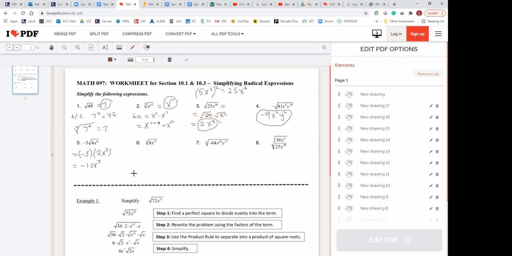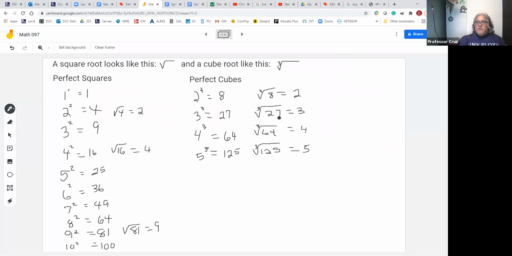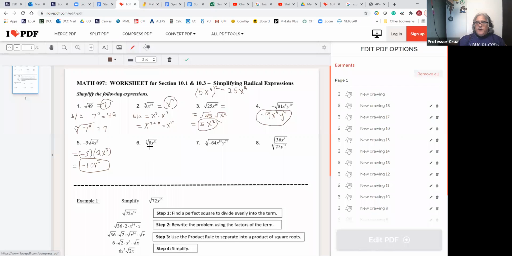All right. Now, like I said, this all applies even for other roots. So just keep in mind which one of those is going to be a factor for the 8. See, that's no longer a square root, that's a cube root.